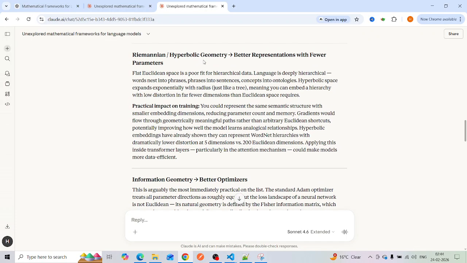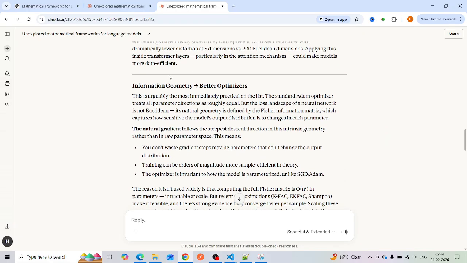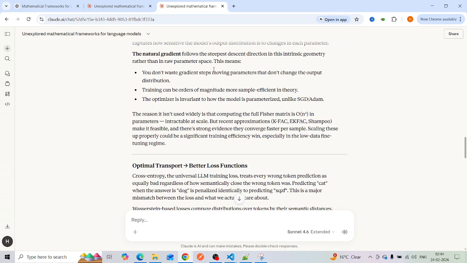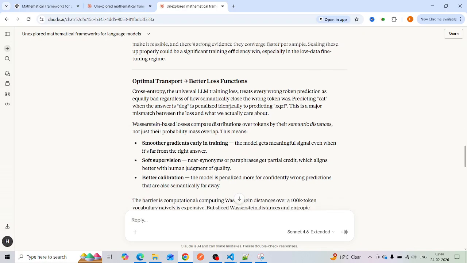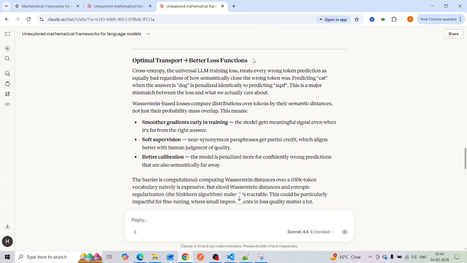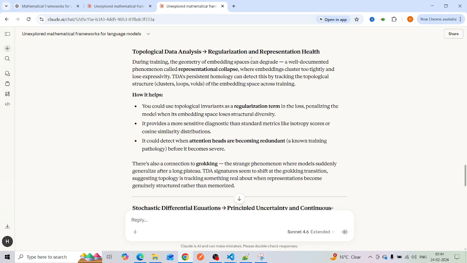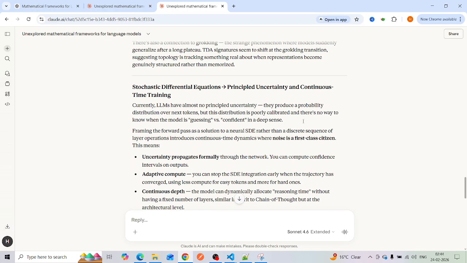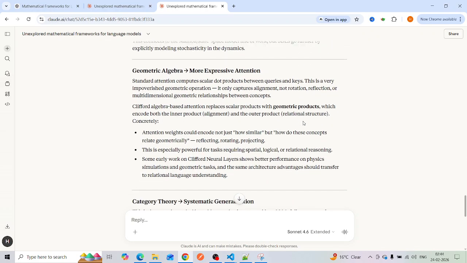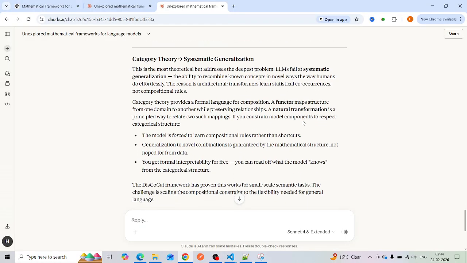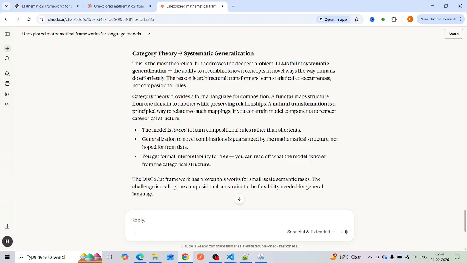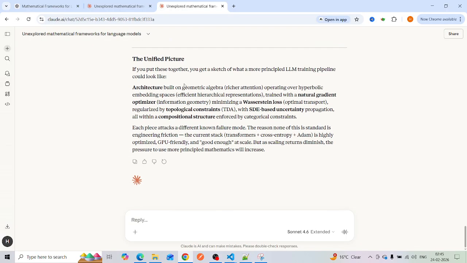Here it is showing better representations with fewer parameters. Then information geometry, better optimizers. Optimal transport, better loss functions. Topological data analysis, regularization and representation health. These are the things: geometric algebra and category theory, the unifying feature.